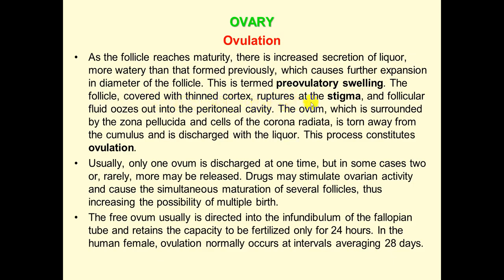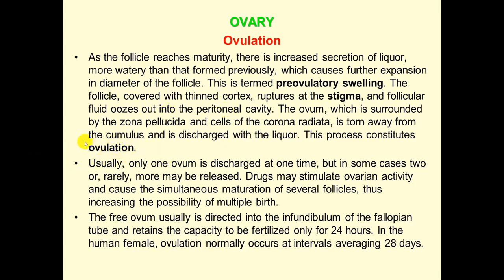I showed you the place of the future stigma, and follicular fluid goes out from the follicle into the peritoneal cavity, and the ovum also goes to the peritoneal cavity, and this process constitutes ovulation.